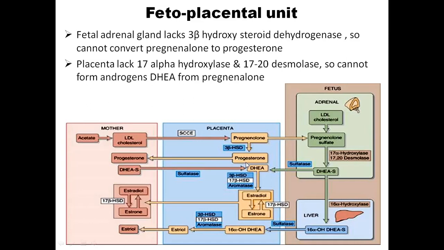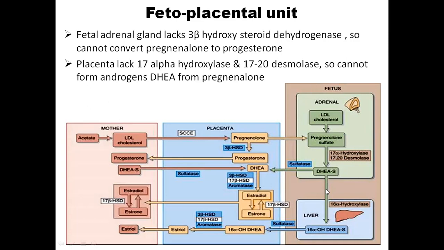So there is no risk of the fetus being exposed to excess progesterone. At the same time, it has enough 17 alpha hydroxylase and 17,20 desmolase, which are deficient in the placenta. So here pregnenolone sulfate is converted to DHEA sulfate, dehydroepiandrosterone sulfate, and in the fetus this occurs in the adrenal cortex.